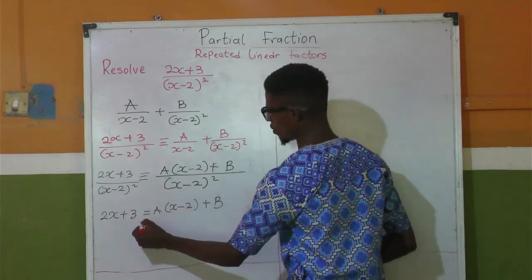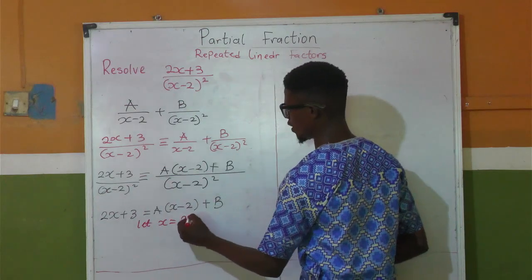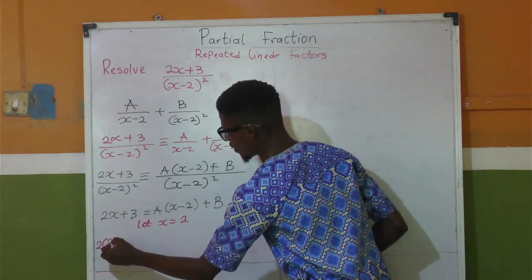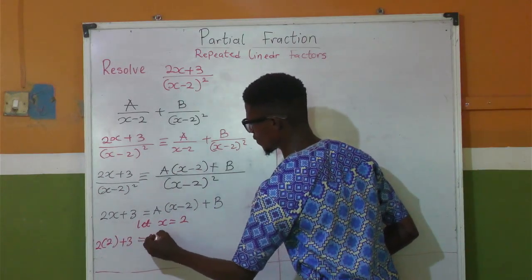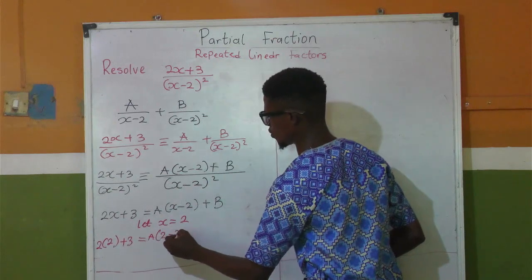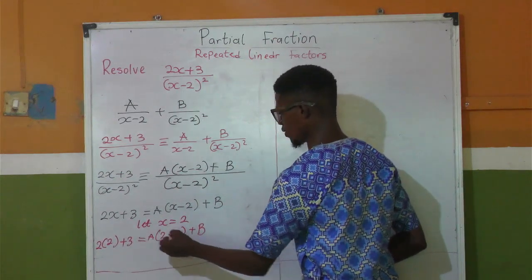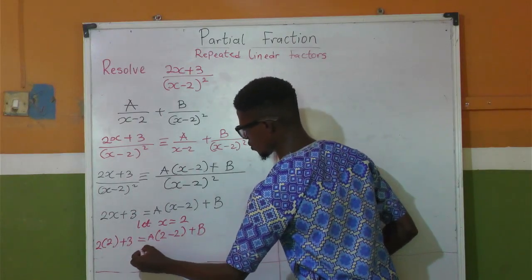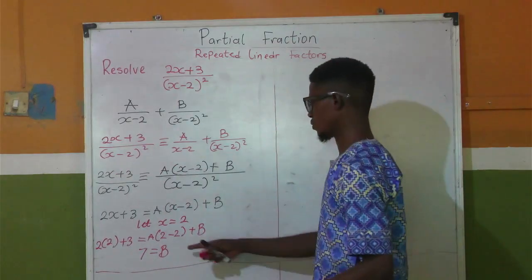So we have 2 into 2 plus 3 equals a into 2 minus 2 plus b. You see that now? So this is out. We have 2 times 2, 4, plus 3, that's 7. So b equals 7.